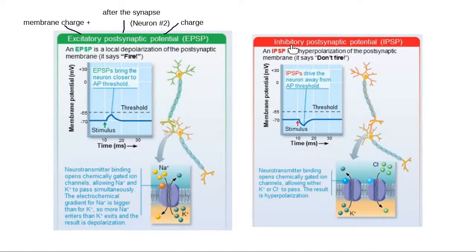It's a change that makes us more negative. Here's that word we used on the last slide, hyperpolarization. So an inhibitory postsynaptic potential, an IPSP, is when I change my membrane charge and I make it more negative. An IPSP is a change in membrane charge that makes it more negative.